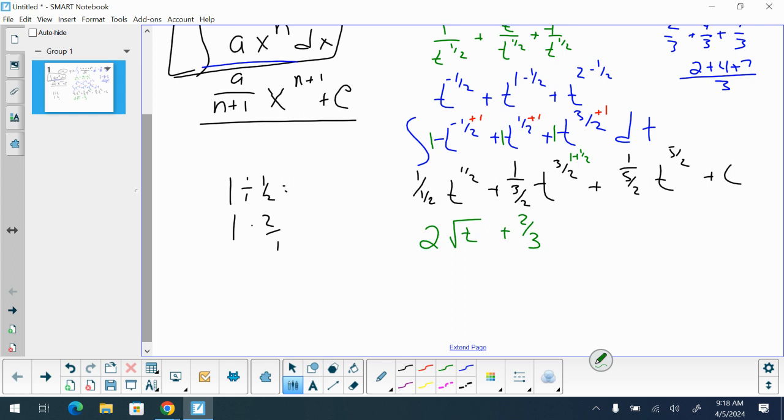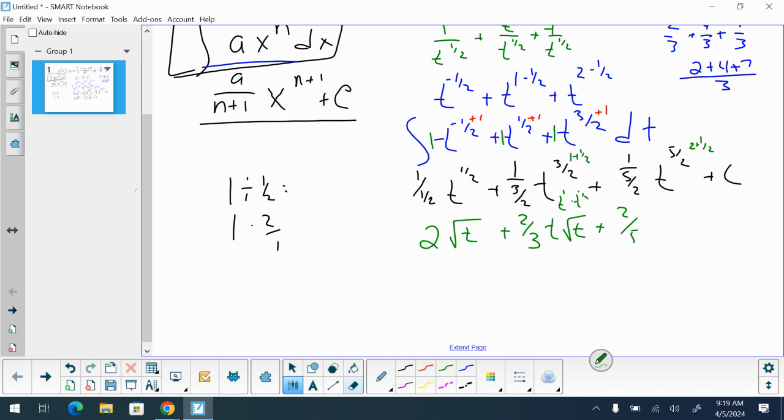1 plus 1/2, so this would give me t to the 1 times t to the 1/2. So we have t square root of t. Plus this will flip over to give me 2/5.